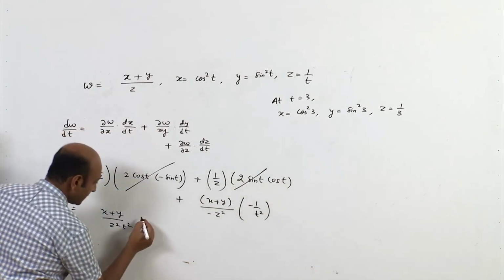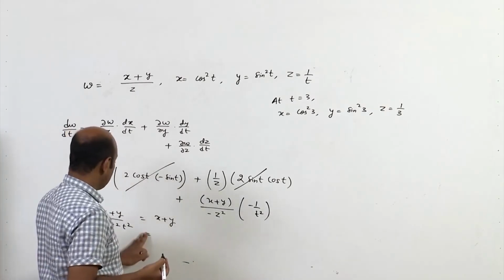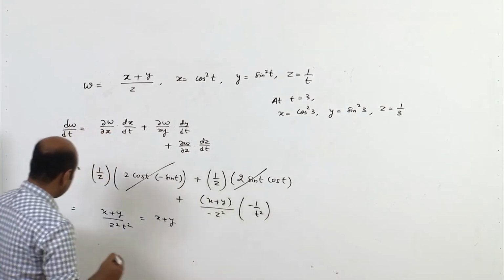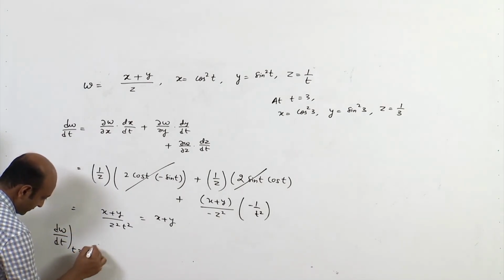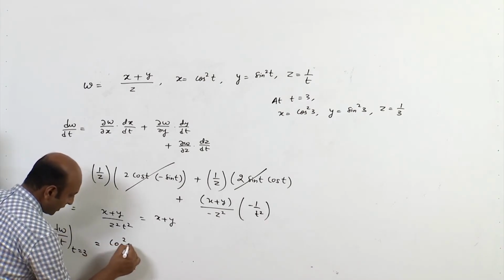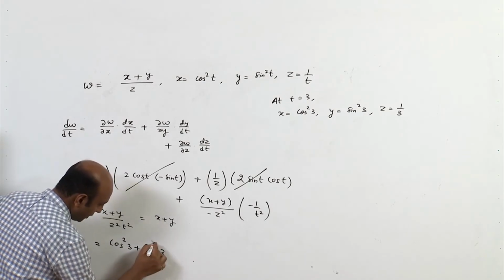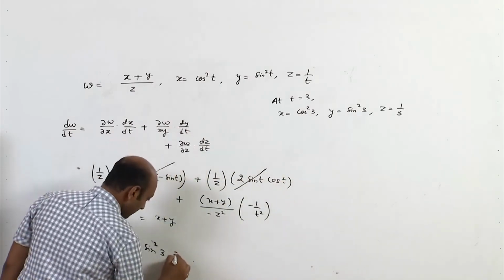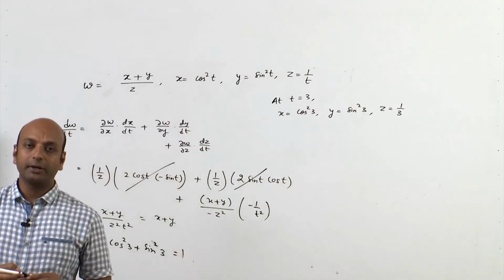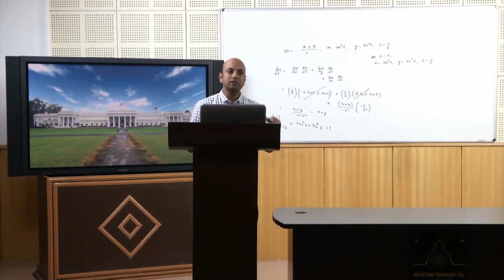So, it is equal to x plus y, and at t equal to 3, it is cos square 3 plus sin square 3, because it is x plus y and x is cos square 3 and y is sin square 3. So, it is 1. So, the answer is 1. Okay. So, that is how we can simply apply the chain rule to find the derivative with respect to t or some other variables.